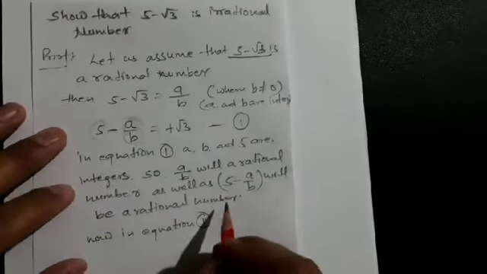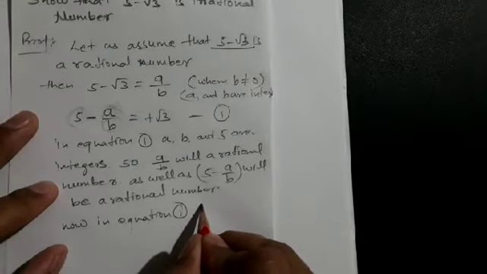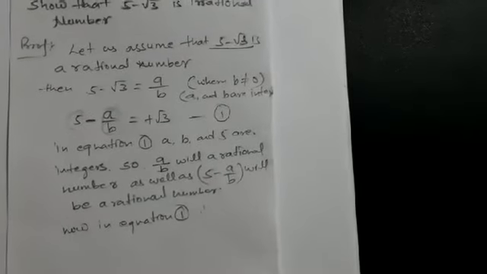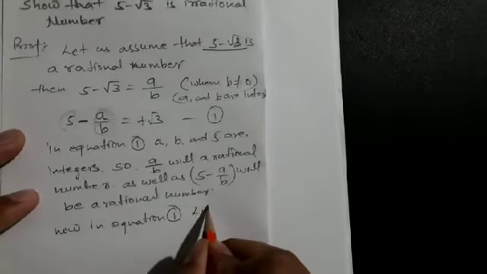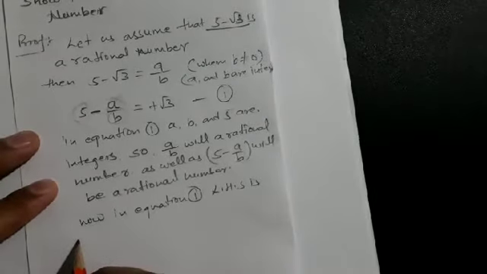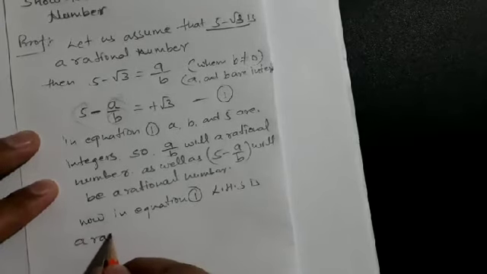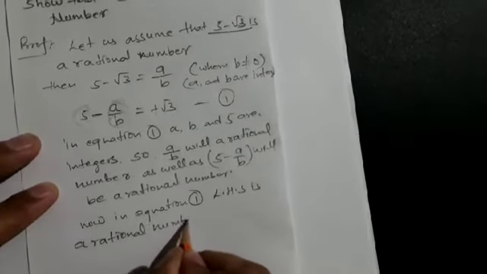What is happening here in equation number 1? LHS is a rational number. Why?